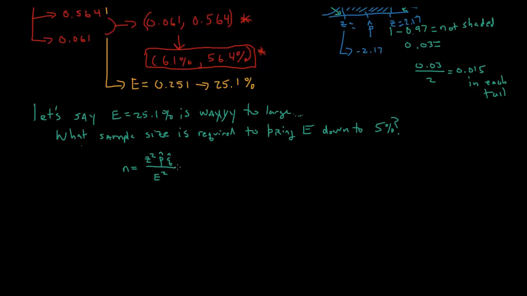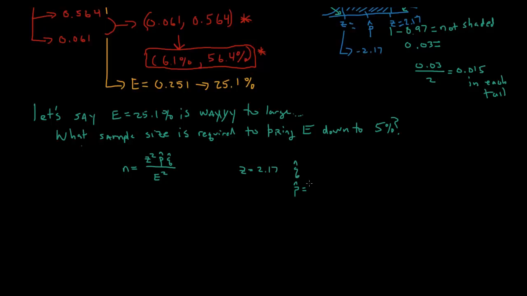Okay, so there's our formula. We have z, that's going to be the same. That's the 2.17 that corresponded to a confidence level of 97%. And then p hat, that was the 5 over 16.